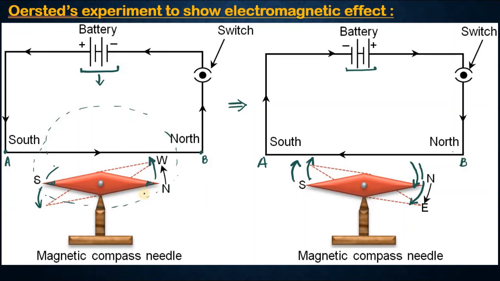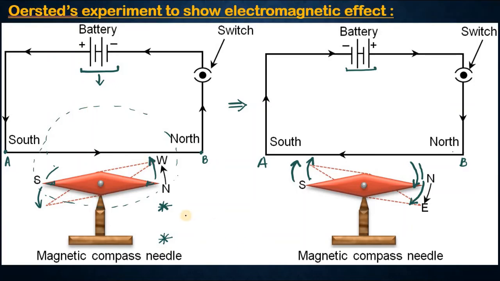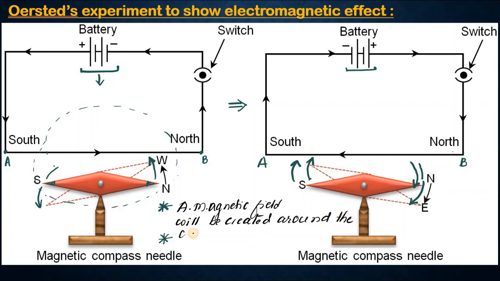From these two experiments, finally he arrived at two major conclusions. The first one is that a magnetic field will be created around the current carrying conductor.